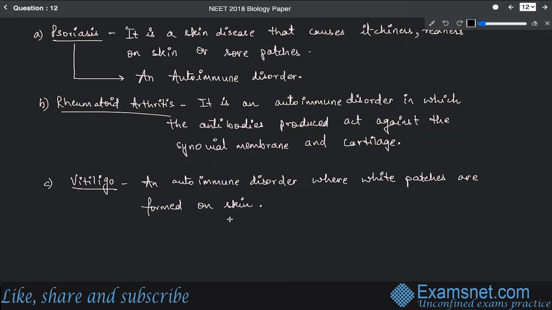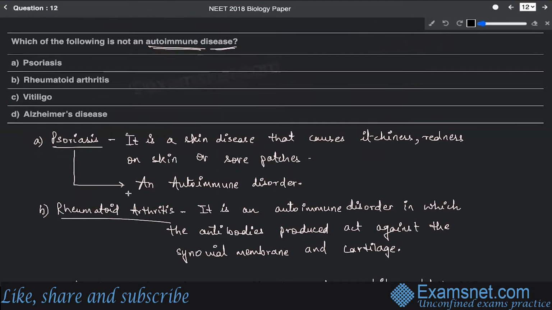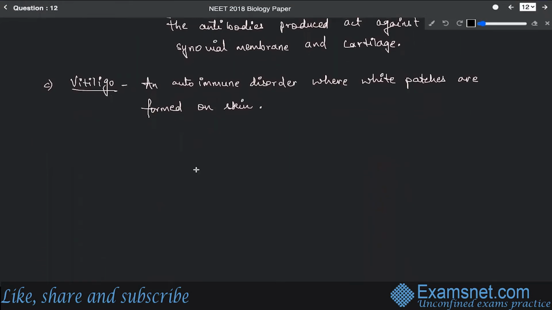All right. Now the only last option that is left is Alzheimer's disease. Now the D option is Alzheimer's disease. Now definitely this is not an autoimmune disorder.